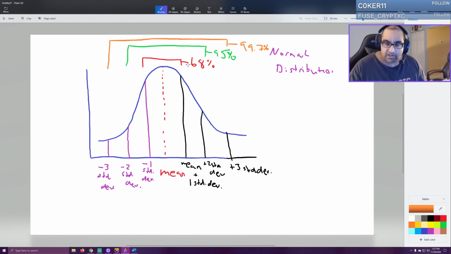Cut that in half: 68 divided by 2, and we have 34% here and 34% over here. So if 68% of all items are between -1 and +1, they split evenly down the middle, 34 and 34, because under symmetry they should be the same values.